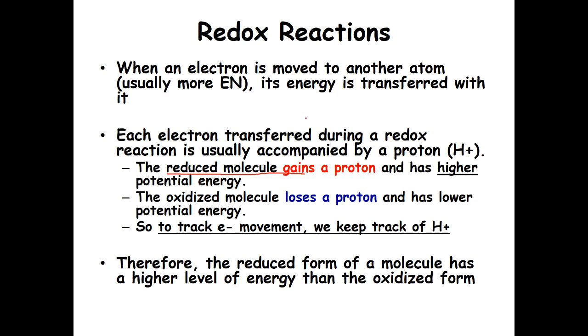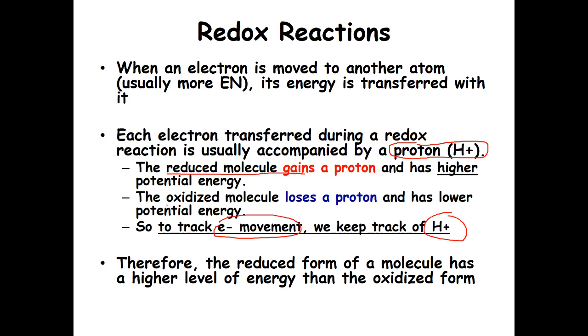But the other thing is, you can't see electrons, right? So how do you keep track? How do you know whether an electron moved or not? In a molecule, what you're going to look at is the proton, because electrons don't travel alone. They always travel with hydrogen. So to keep track of electron movement, you have to keep track of the hydrogen.